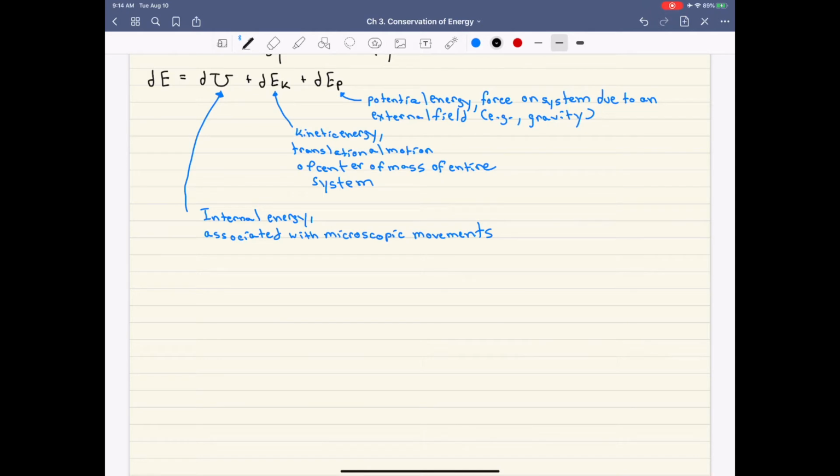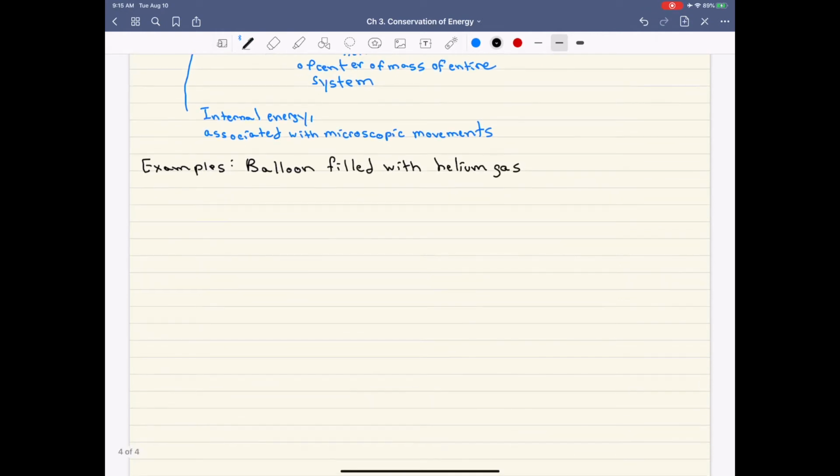To illustrate this idea of internal energy more concretely, I want to go over an example with you. The example is a balloon filled with helium gas. All of you have seen a balloon before.